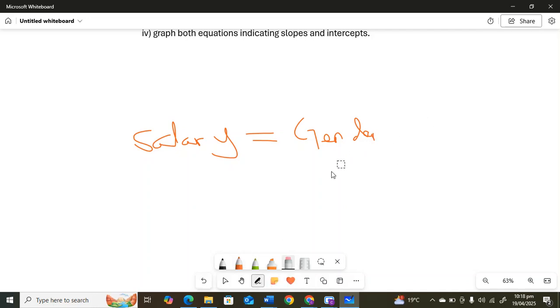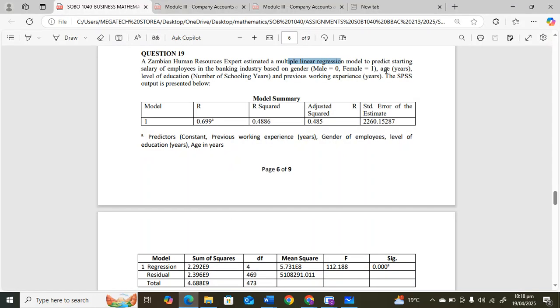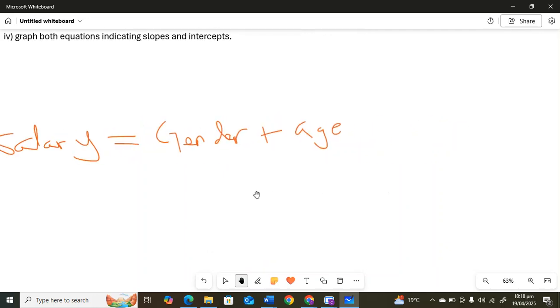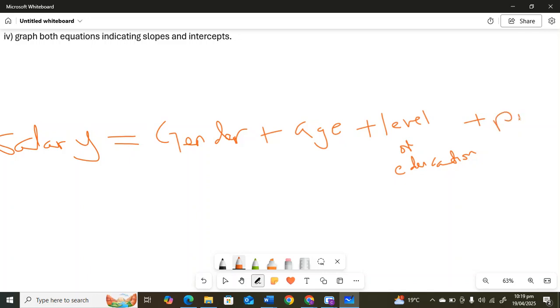it's also dependent on age, it's also dependent on level of education, and it's also dependent on previous working experience.